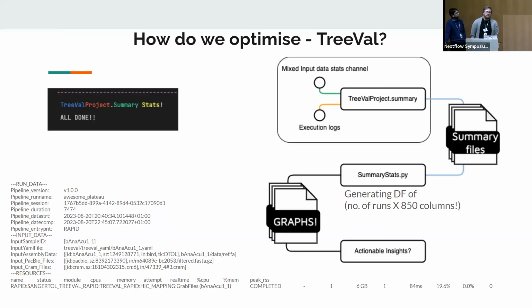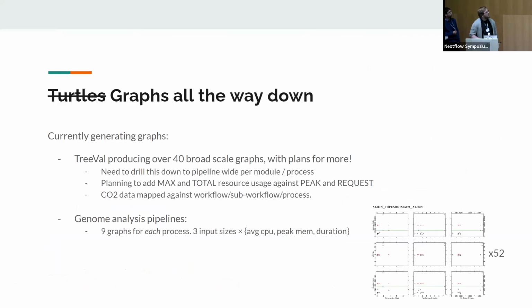Obviously, by itself, this means practically nothing, but we have run this across 350 runs of the pipeline so far. And we push this through a summary stats script and generate some graphs for some actionable insights. Currently, we produce about 40 of these, with plans for many, many more.